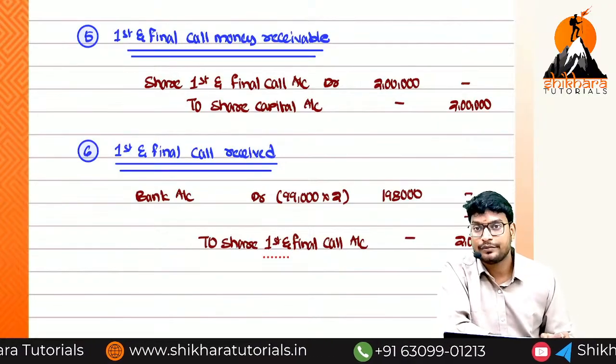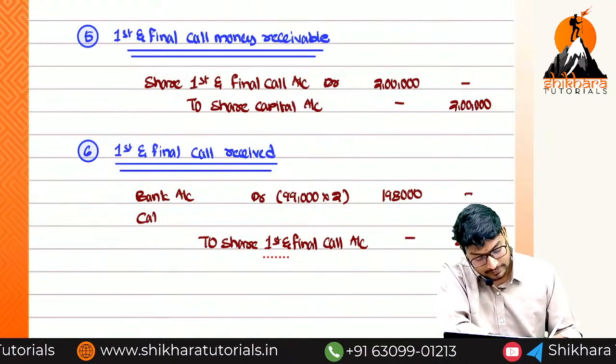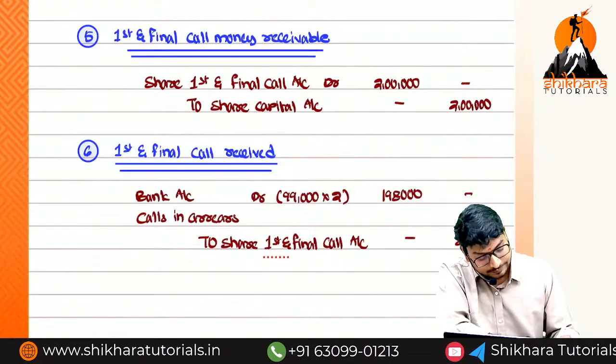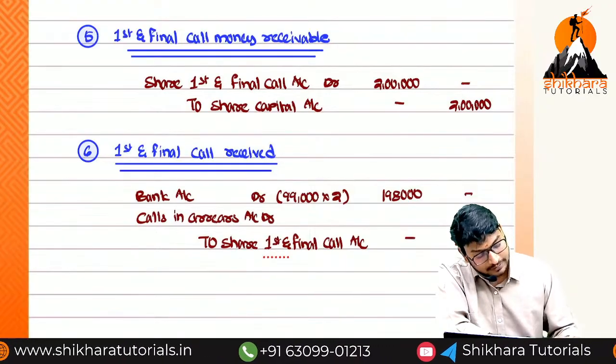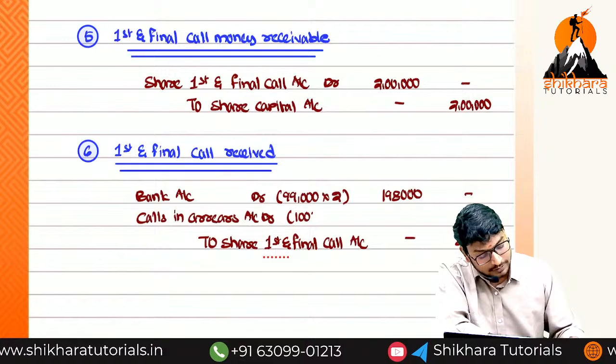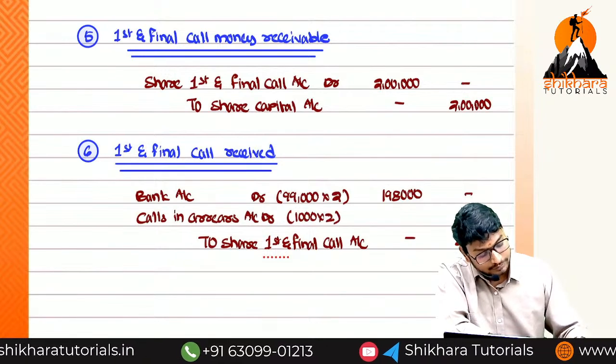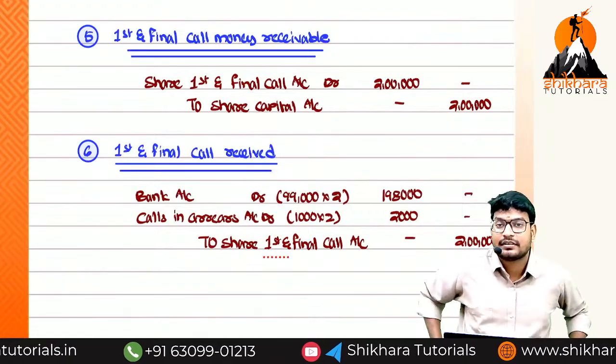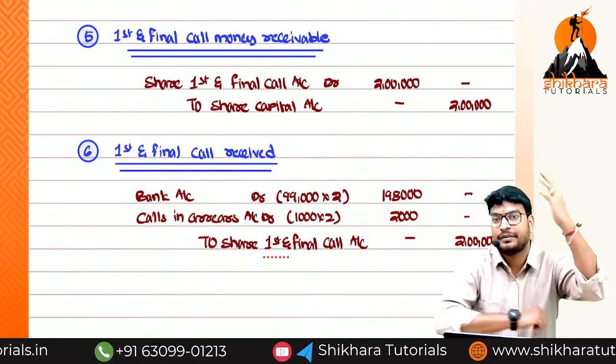So remaining, what we need to write, ma? Calls in arrears account debit. How much in shares, ma? 1000 into 2, that is equal to how much, ma? Already we have seen, in the previous example.